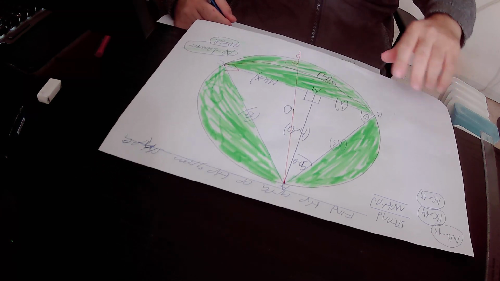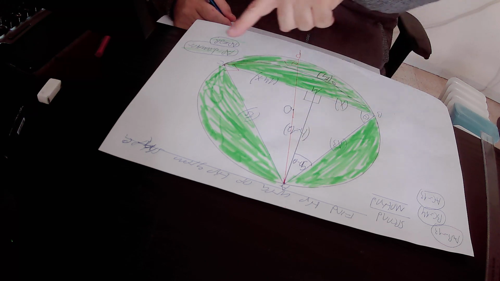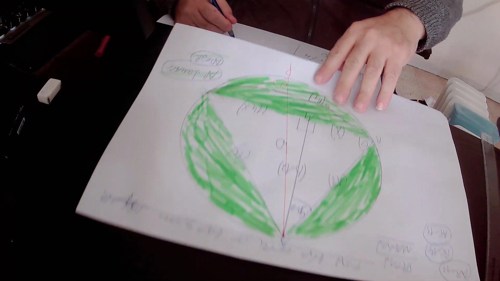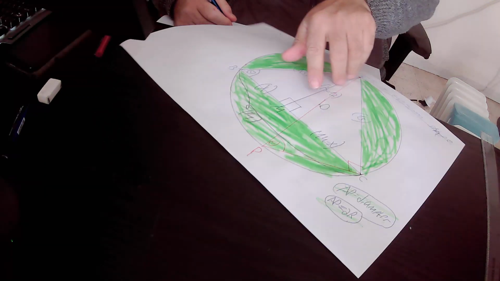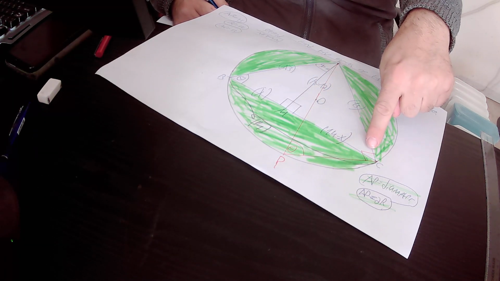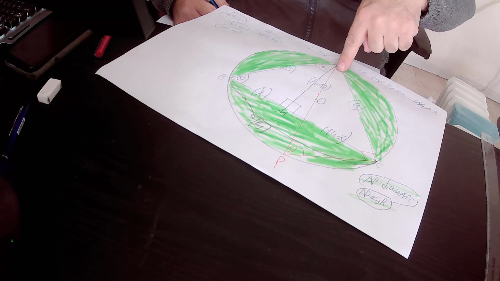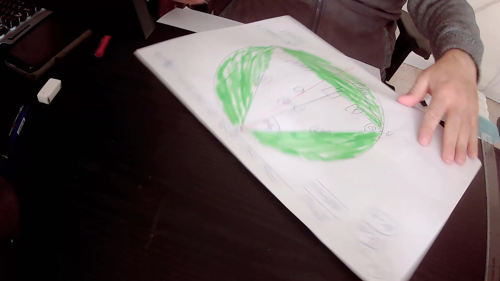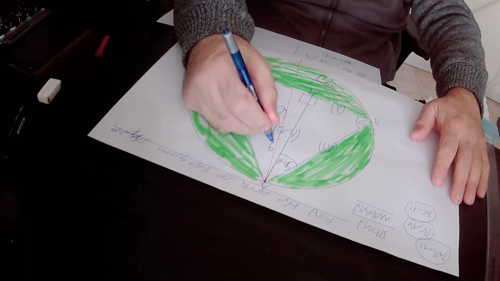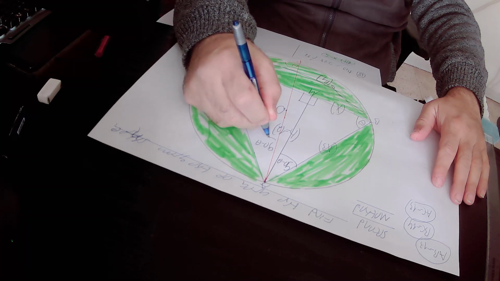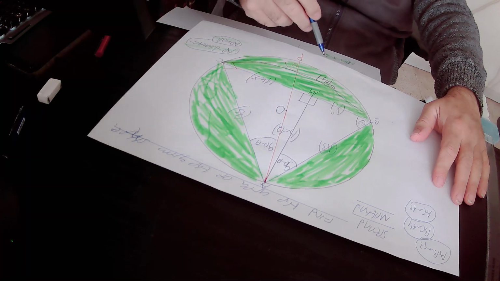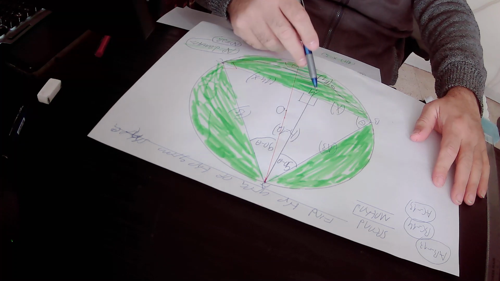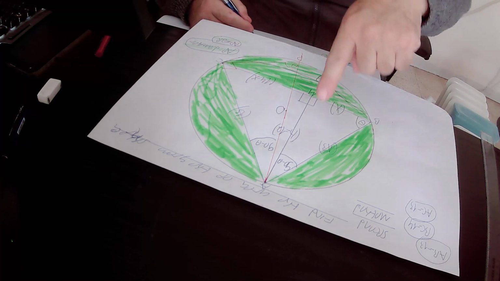Likewise, if you focus on the right triangle APC, in the right triangle APC this angle equals theta, this angle equals 90 degrees, therefore the missing angle here must be equal to 90 degrees minus theta. In the next step, we'll prove that the right triangle ABM is similar to the right triangle APC.